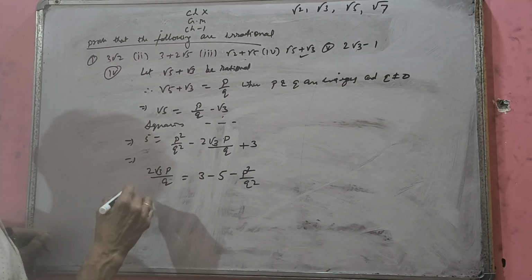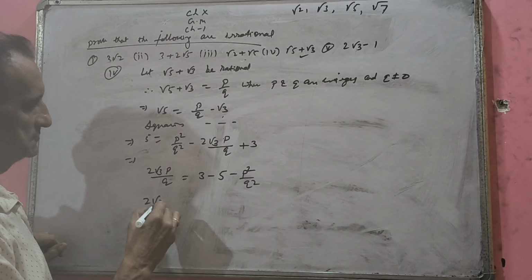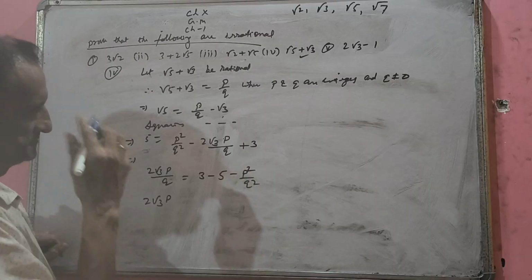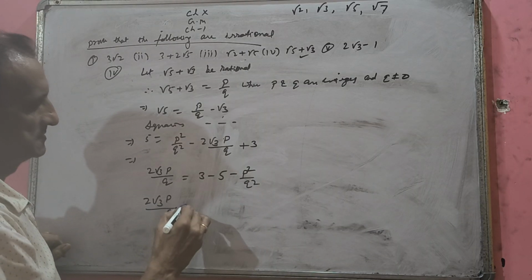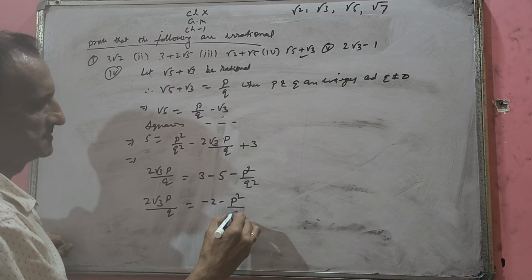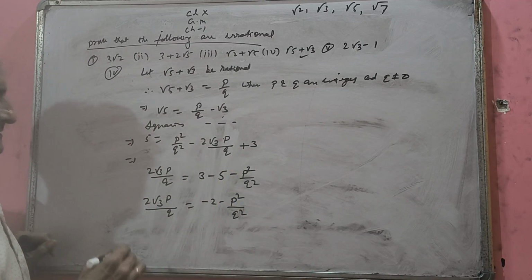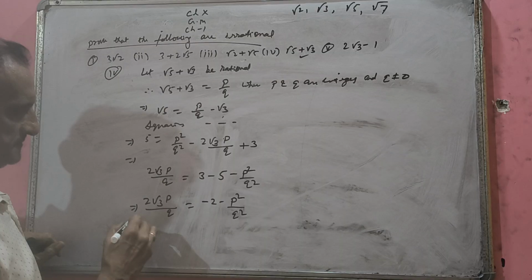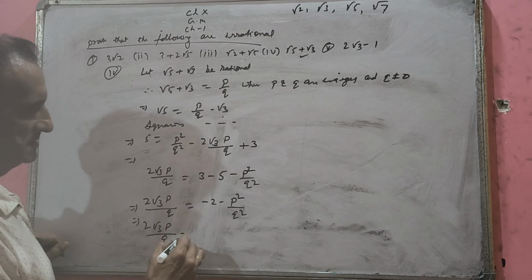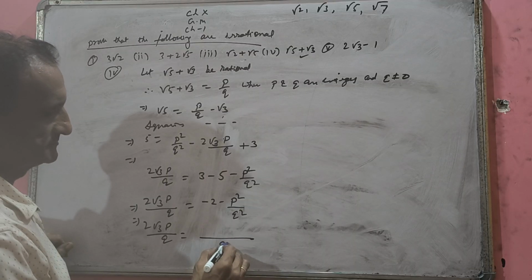Okay. So what will you get? 2 root 3 p by q is equal to minus 2 minus p square by q square. 2 root 3 p by q. Can you take LCM q square?